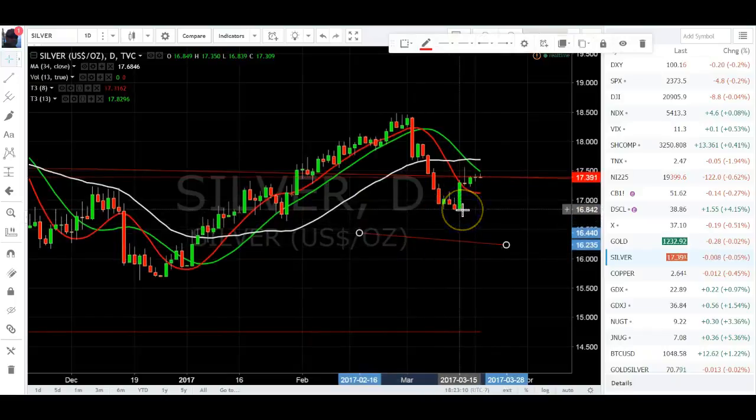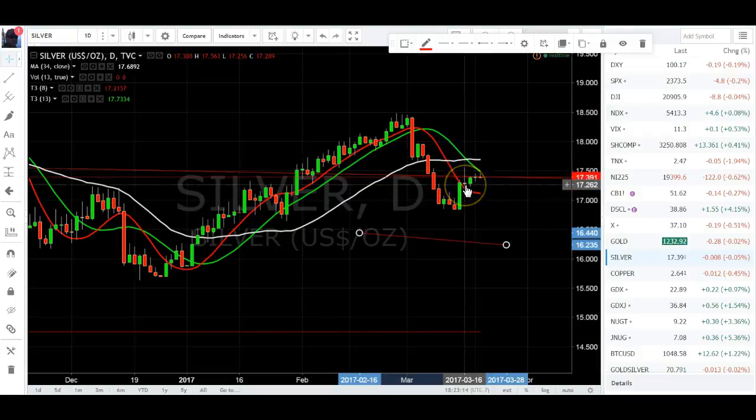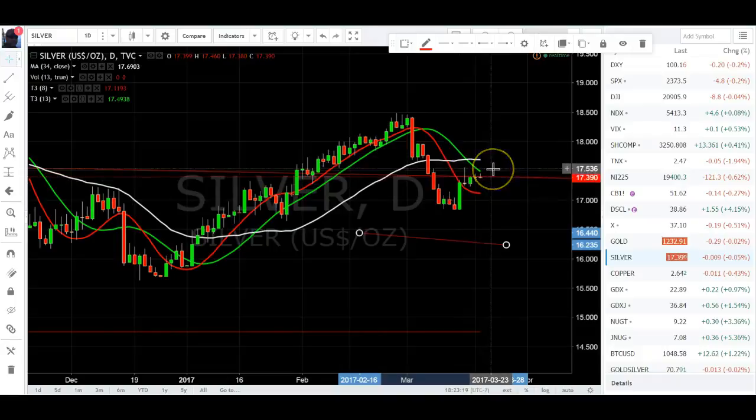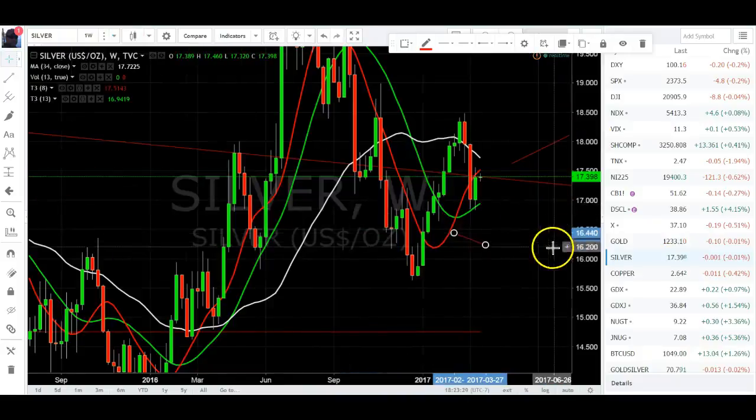But that being said, we came through the EMA 8 on the downside, came back into support. Support held. Now we're coming into the next line of resistance. Let's see what happens when we get there. Hopefully we can just pop right over the 34 on the daily. And let's see how the weekly looks.